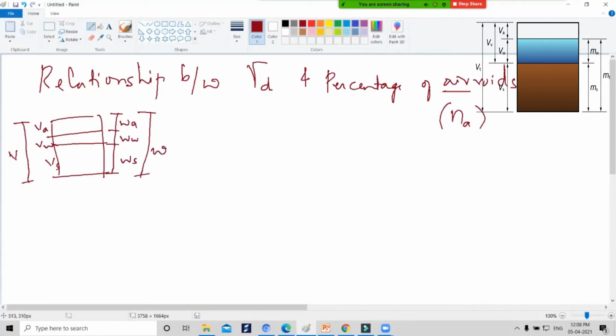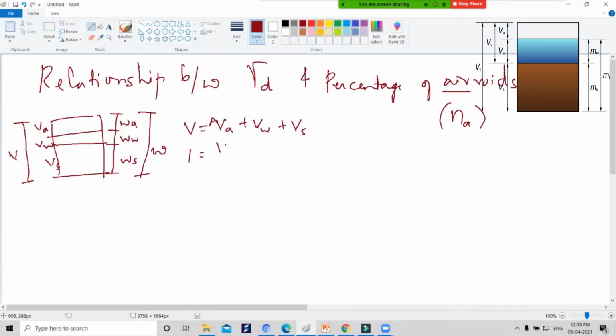Completely I'll be calling it W. Now, I'll be writing V is equal to Va plus Vw plus Vs. V is equal to 1, as we are considering the total volume equal to 1.